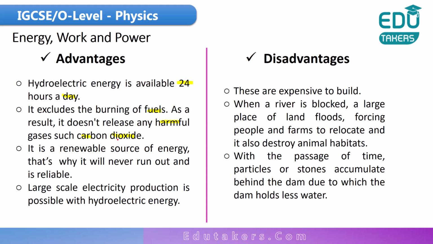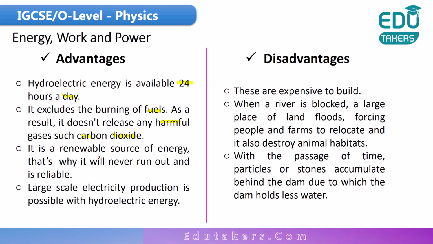After that, can you tell me that hydroelectric power is a renewable or non-renewable source of energy? It is basically the renewable source of energy because you can use the water again and again. The water is available easily. You can get the water and use this water again and again. So that's why the hydroelectric energy is a renewable resource of energy.